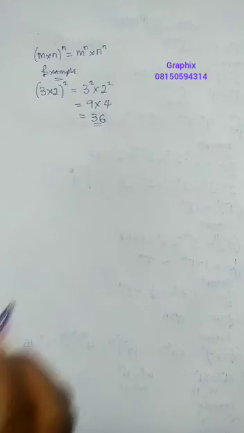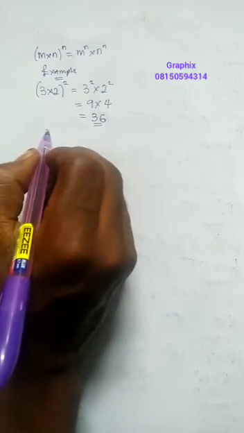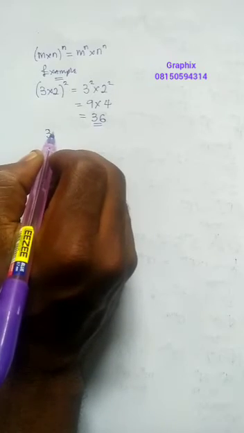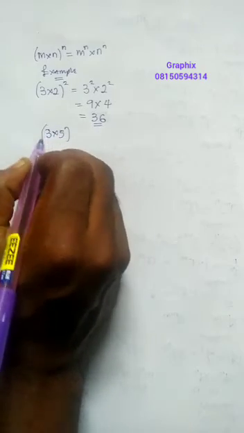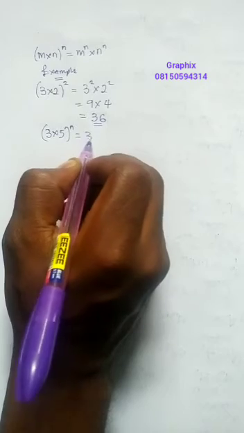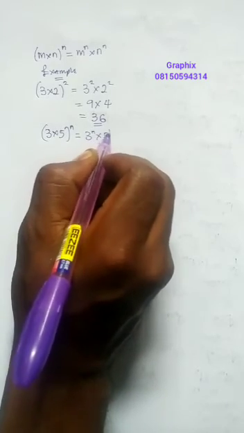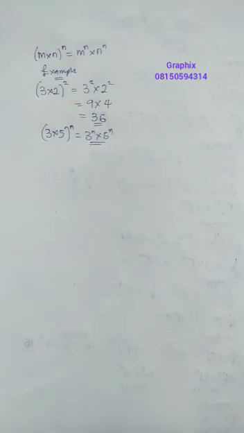So it comes in different fashion. That means if I now have 3 times 5 raised to the power n, it means 3 raised to the power n times 5 raised to the power n. So don't forget this illustration.